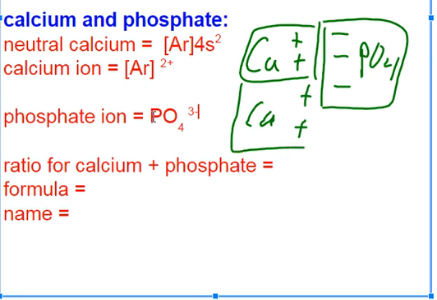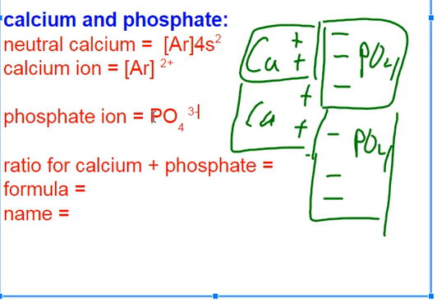So for sure I need 1 more calcium, but now that messes it up too. So I'm going to need another phosphate, and another calcium. So rule number 1: electrons lost, I lost 6. Electrons gained, I gained 6. Electrons lost and gained are equal to each other.